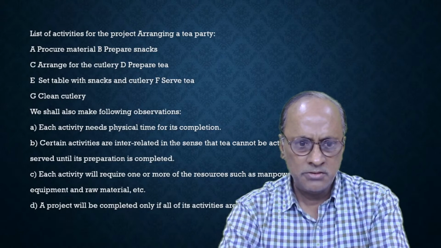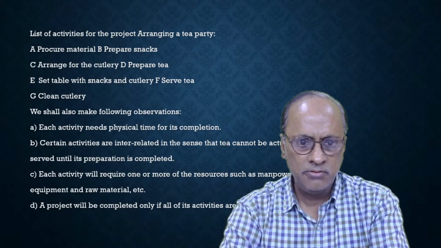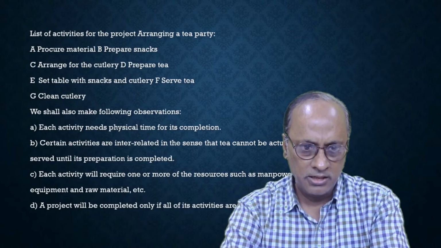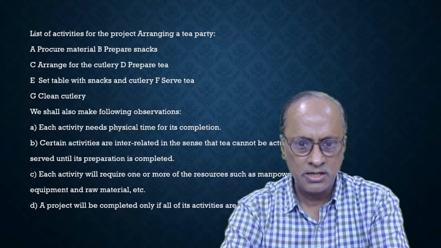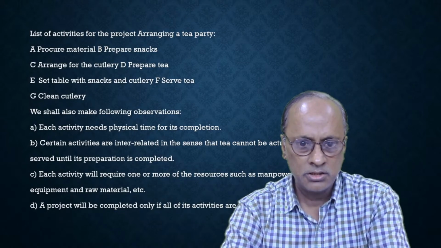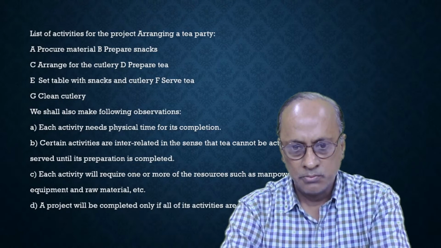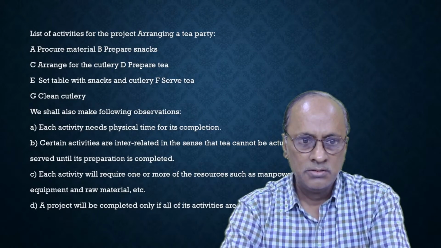From this example, it's very clear that each activity, if I take procure materials as an activity, will take some physical time for its completion. One has to go to the market, spend some time in going and coming and purchasing the required materials.